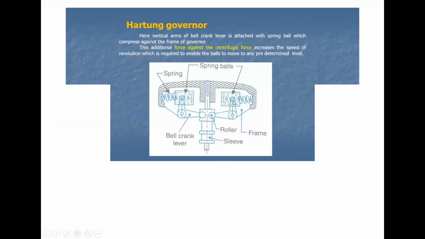One end of the spring balls is attached with the bell crank lever, and the other end is attached with the sleeve. And this is the spindle axis, and the sleeve is also here.